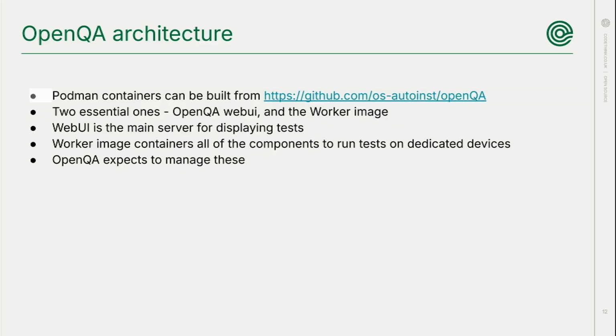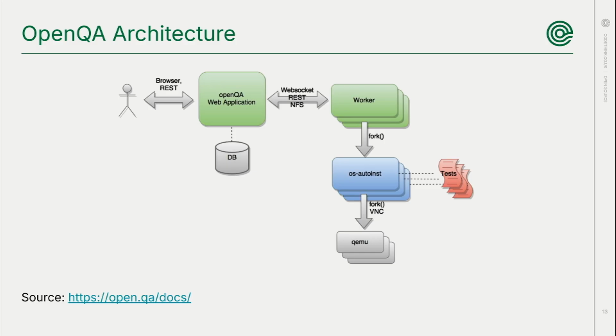The worker image contains everything that you need to actually run the tests. It has QEMU in there and everything. It has the virtualized environment, and openQA manages them. So this is the openQA architecture from the documentation. Now, the way openQA expects you to use this is you go to openQA and you post an image.